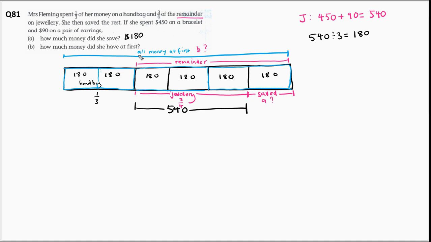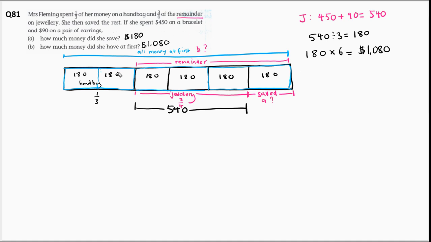I was careful to label this bar, so I can see that's question B. That's going to be 180 times 1, 2, 3, 4, 5, 6. So 180 times 6 gives me a total value of 1,080. And that is the answer for B, 1,080.